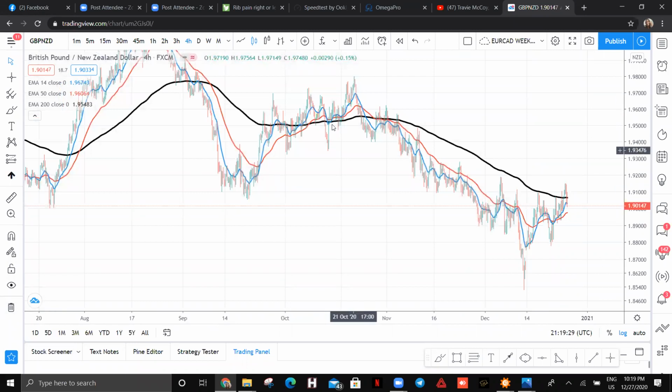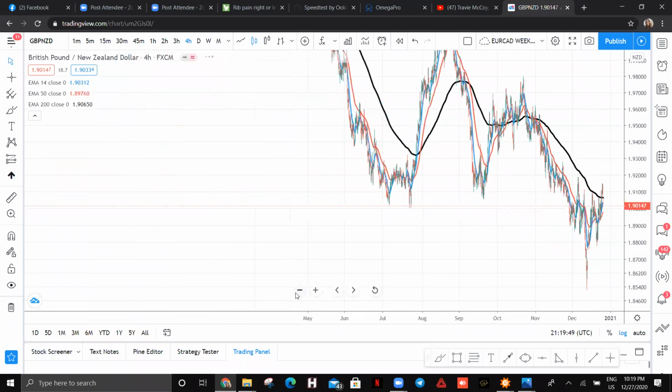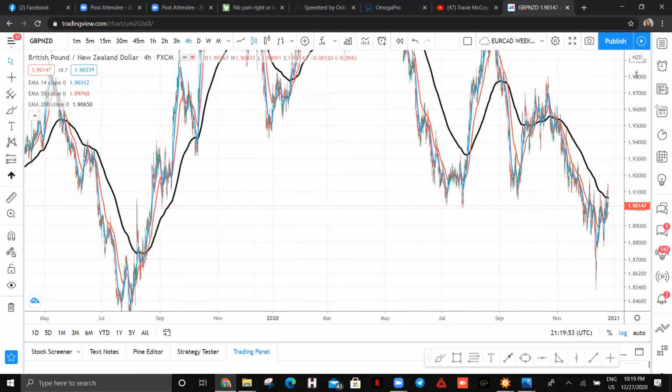Now you can see this. Price was below this, then it came above. Now this is where price started coming downward. So you can see clearly that price is what? Below the 200 EMA. So we should be looking for what? Sell opportunities. This is GBPNZD.